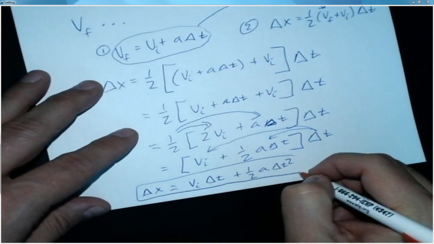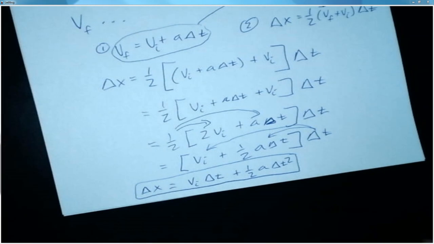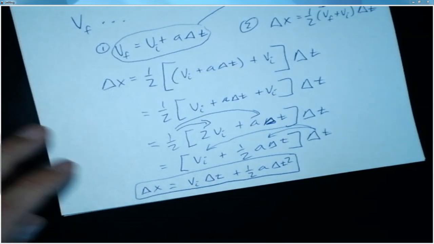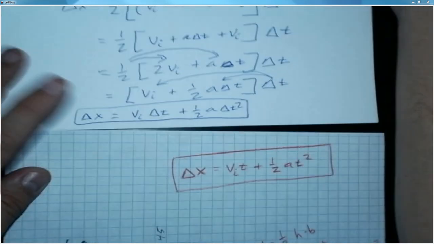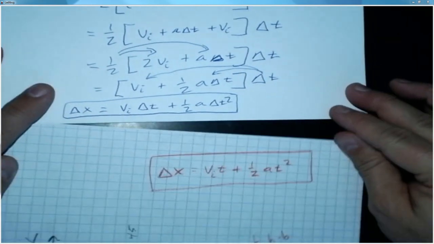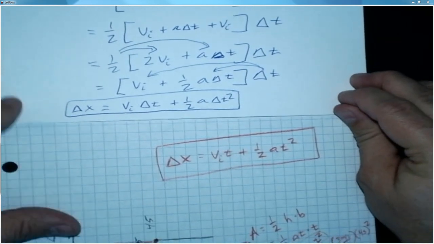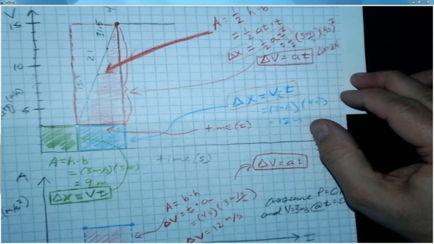Oh, folks, that's enough to make a strong man weak in the knees. That is beautiful. That is absolutely stunning. Look at that. That's what we came up with yesterday. Holy mackerel. We got the same answer with algebra that we got with our graph.